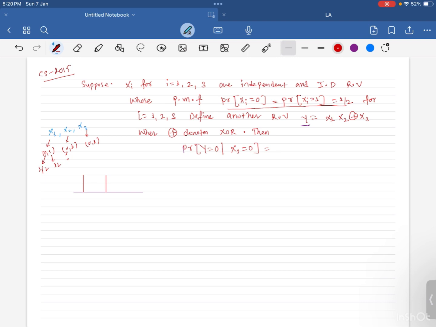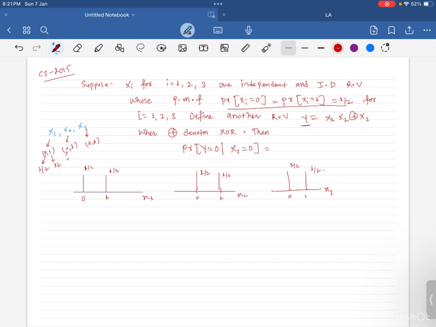So let's call this the PMF of x1. It takes 0 and 1 with the probability half and half. Similarly, you can say that for x2, it takes 0 and 1 with the probability half and half. And similarly for x3, it also takes 0 and 1 with probability half and half.